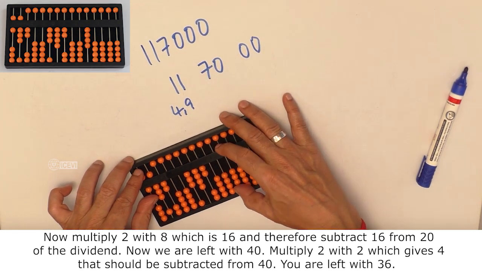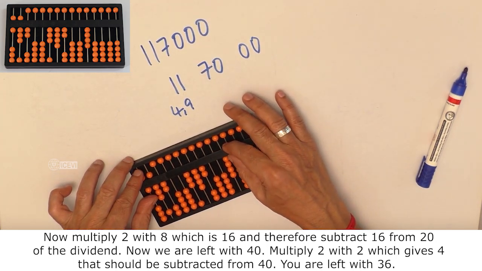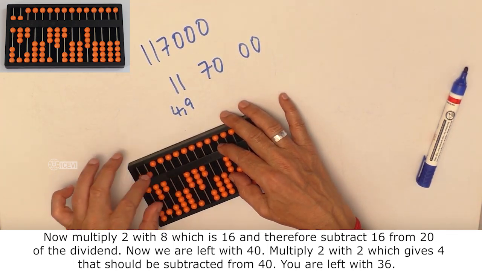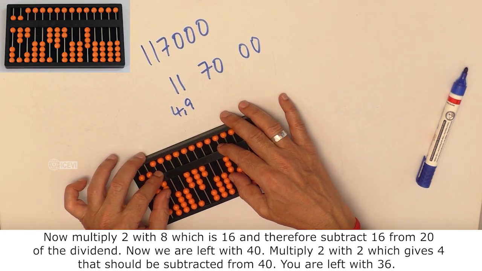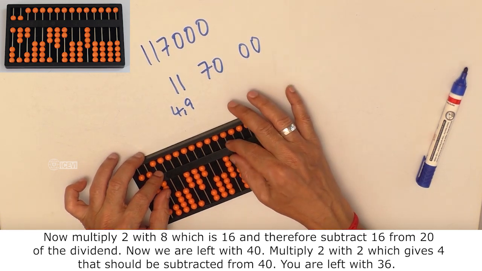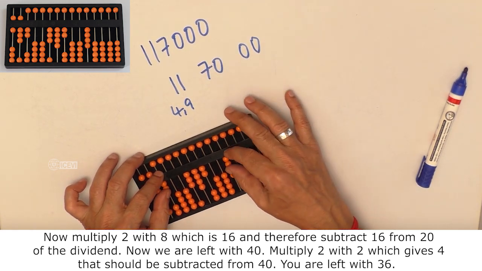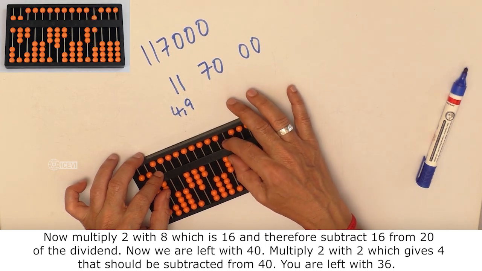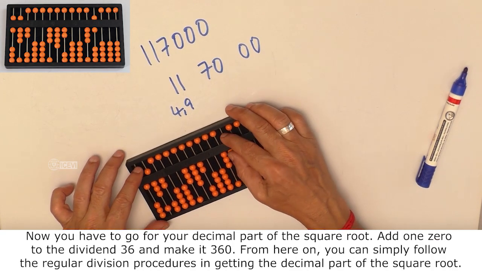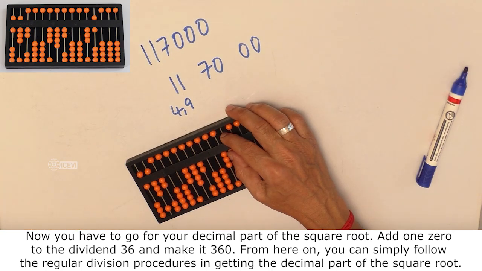Now you are left with 40. Multiply 2 with 2, which gives 4. That should be subtracted from 40 and you are left with 36.